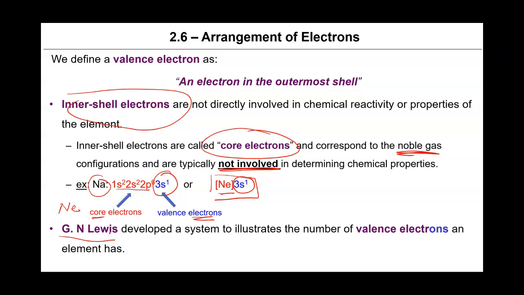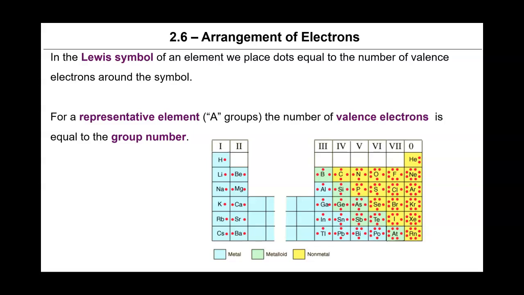Lewis. And he uses a pictorial system to illustrate the number of valence electrons a particular element has. And it's really, really simple. All we do to write the Lewis symbol of an element is write the element's symbol and then place dots equal to the number of valence electrons around the symbol.